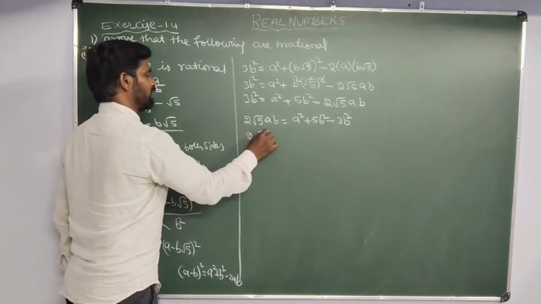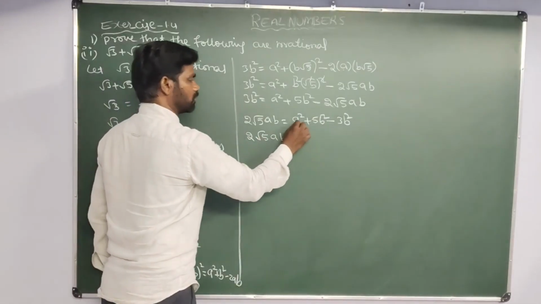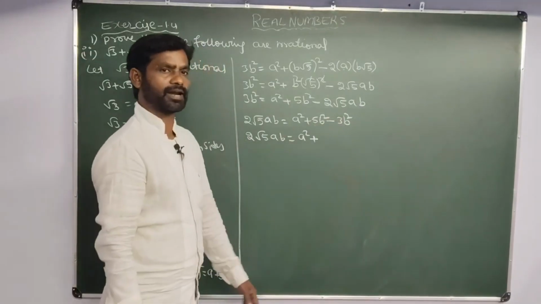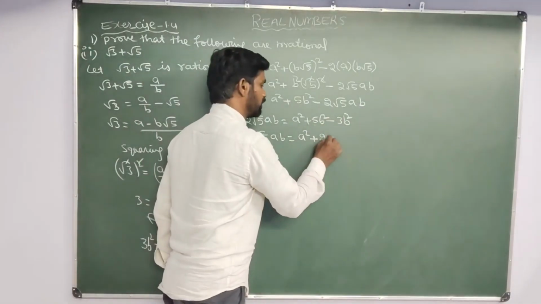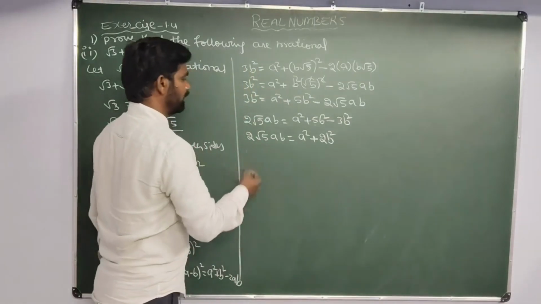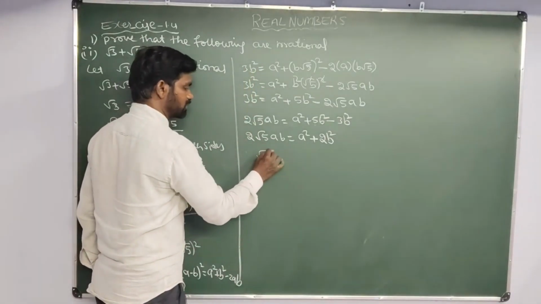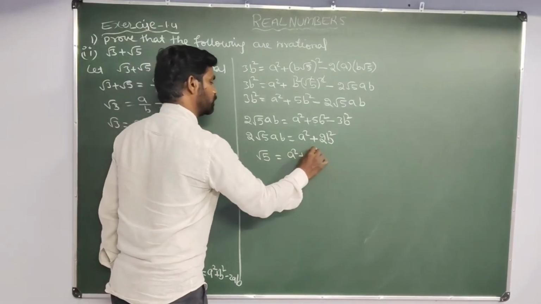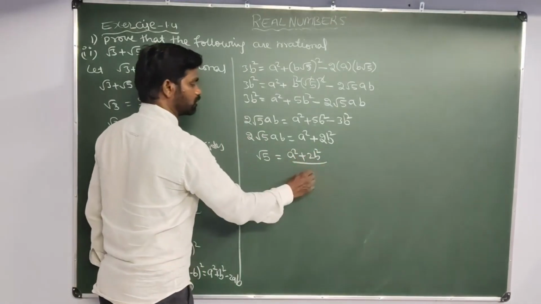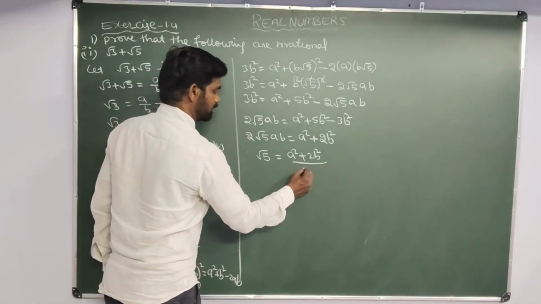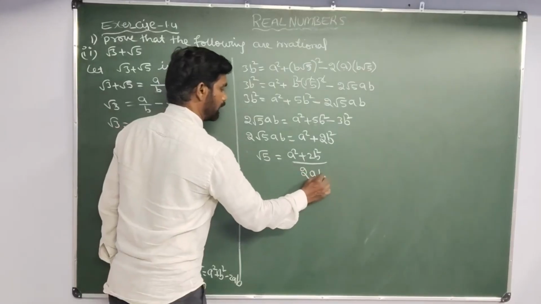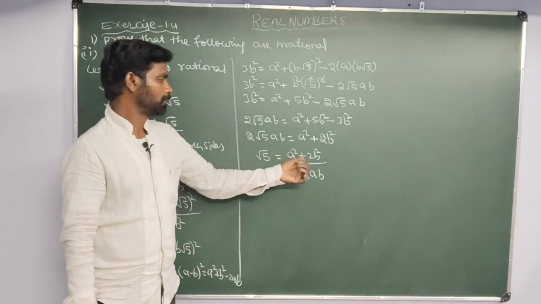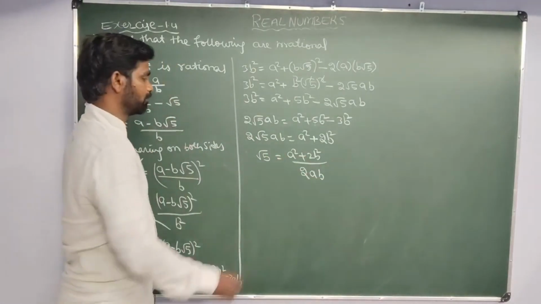So 2 root 5 ab is equal to a square plus, from 5b square if we subtract 3b square, we get only 2b square. In the next step, just write root 5 is equal to a square plus 2b square. Remaining will go to the denominator, that is 2ab. Okay, root 5 is equal to (a square plus 2b square) by 2ab.